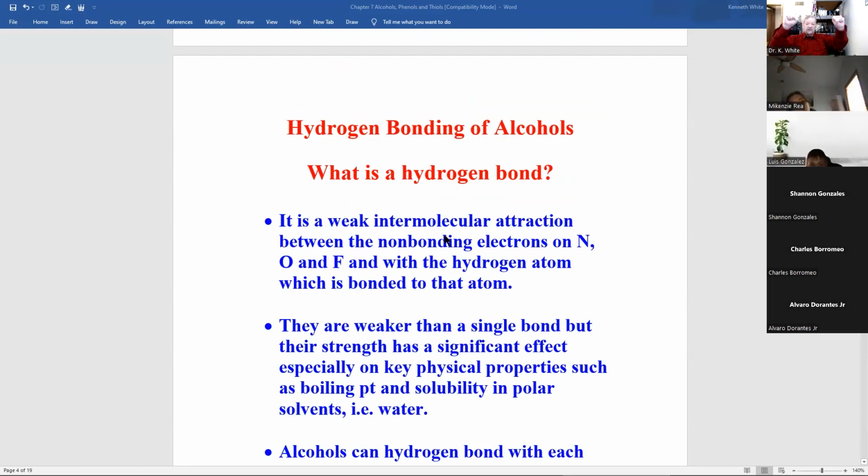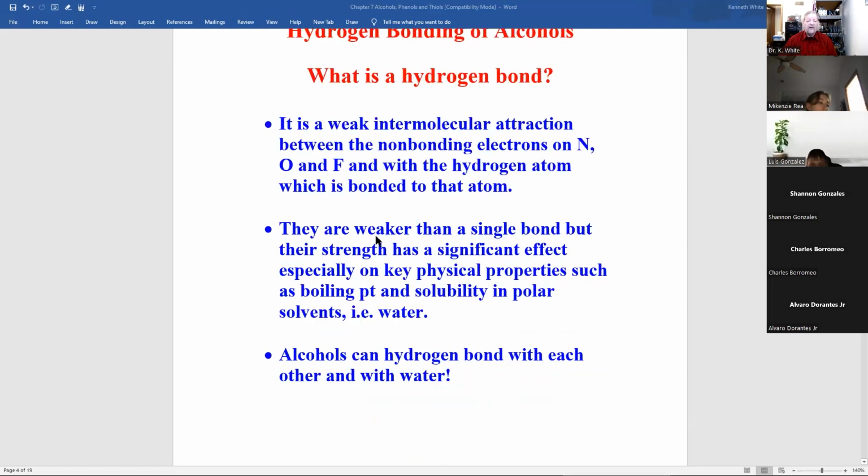Inter means between two separate molecules, between non-bonding electrons on nitrogen, oxygen, or fluorine and the hydrogen on that atom. Water can hydrogen bond. They are weaker than a single covalent bond, but their strength has significant effects on key physical properties, such as melting and boiling point, and solubility in water.